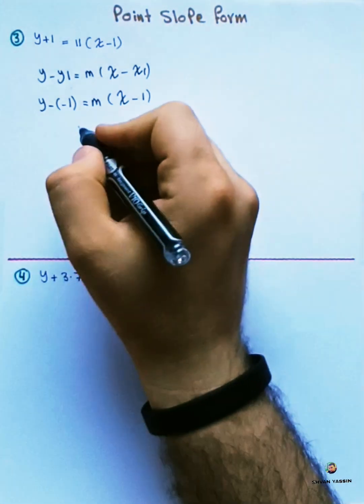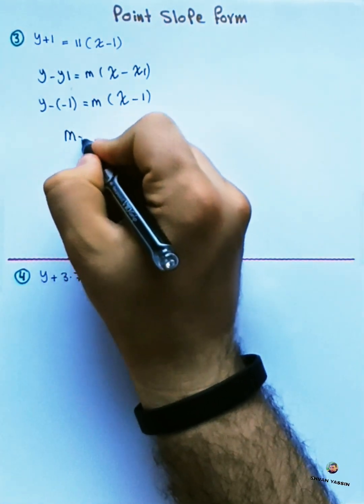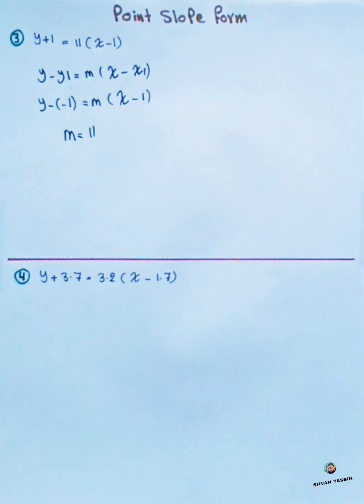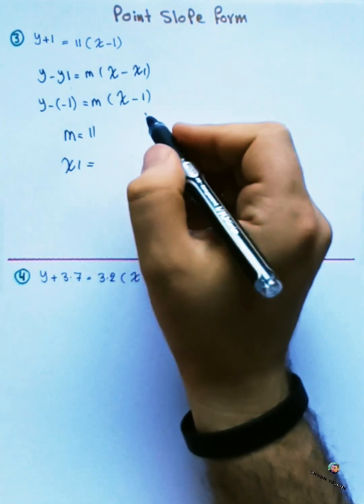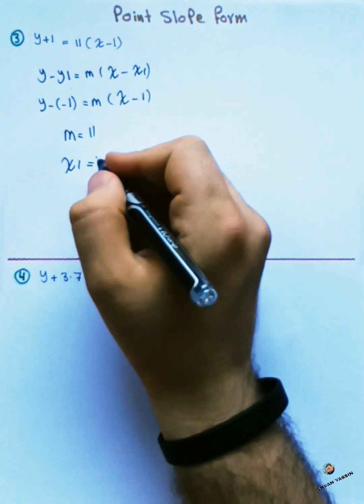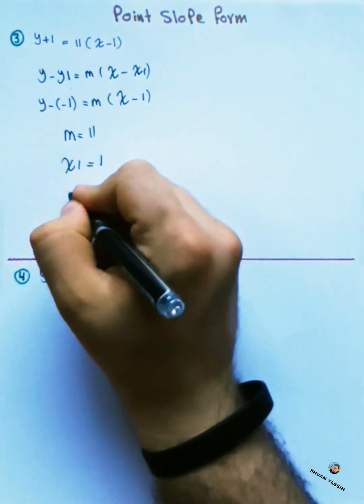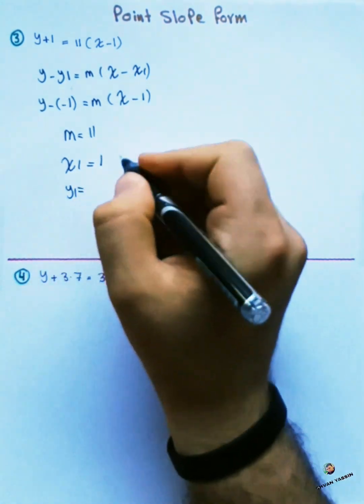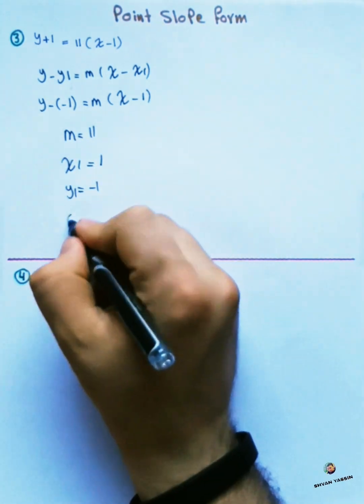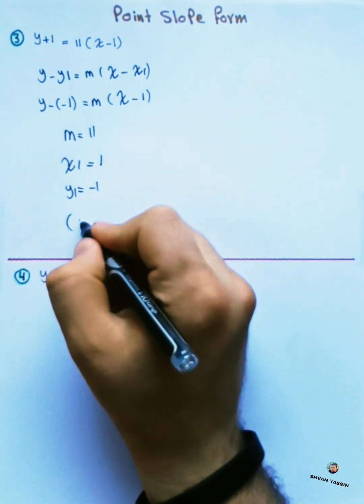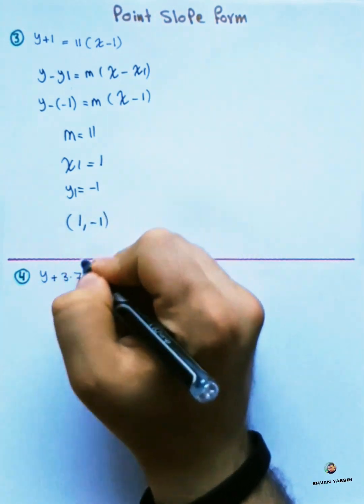So the slope equals 11, and x1 equals 1 and y1 equals negative 1. So the point is (1, negative 1).